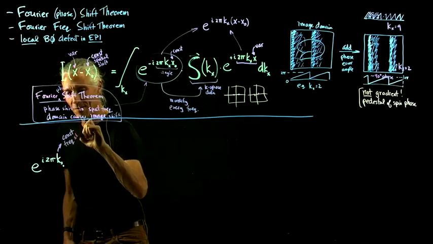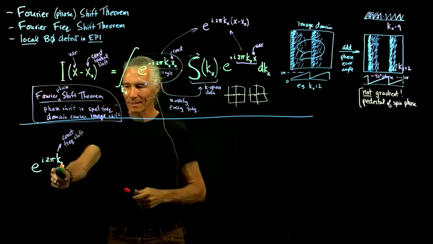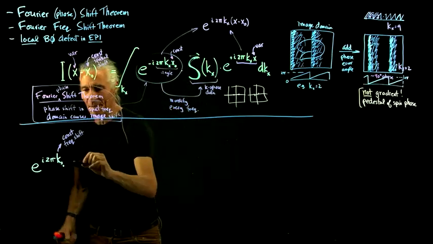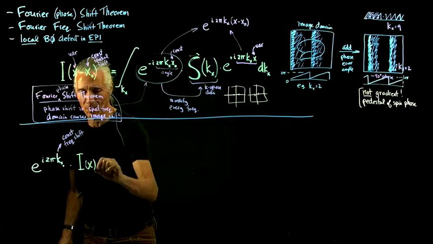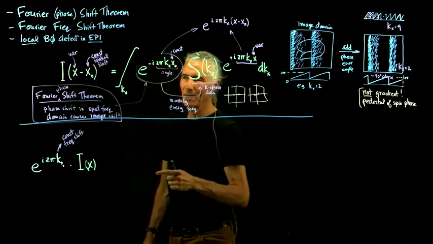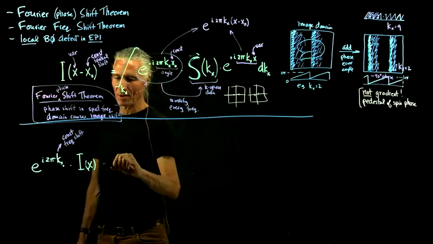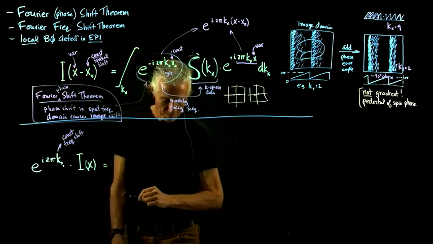This whole term is a constant, and it's going to essentially shift the phase of the image. Now remember, the phase of the image is supposed to be 0 because we're supposed to have a real brain, and so it shouldn't have any imaginary part. But now we're going to create an imaginary part in our image.